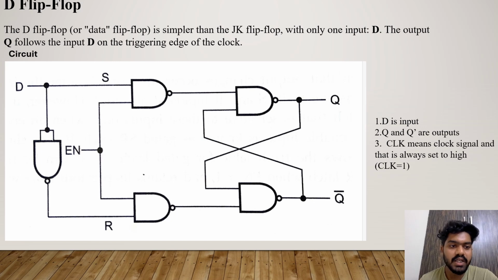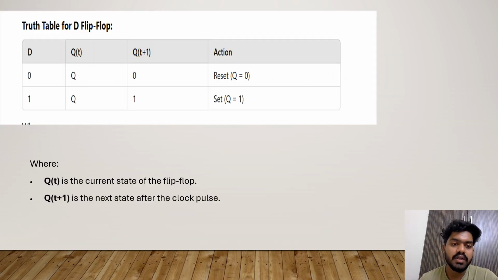This is the circuit diagram where D is the single input and Q and Q bar are outputs. This is EN or CLK, we can write it either way, that is clock, that will be high always. This will be connected using NAND gates. When it comes to the truth table, as we discussed, Q of T is the current state of the flip-flop and Q of T plus 1 is the next state after the clock pulse.